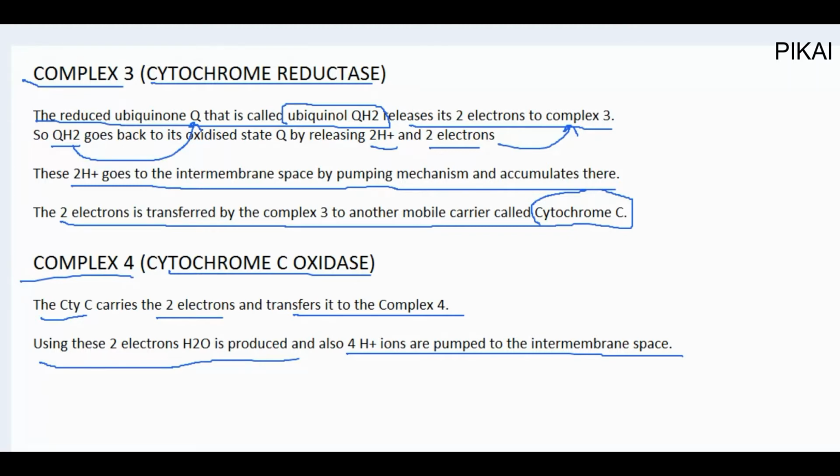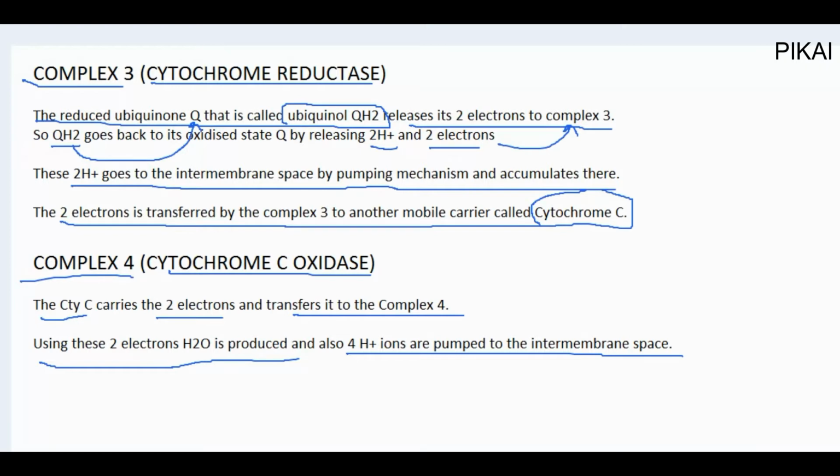So what we have seen is that the ubiquinone is converted to ubiquinol after accepting electrons and hydrogens from complex 1 and complex 2. This ubiquinol is transferred to complex 3, known as cytochrome reductase. In complex 3, the ubiquinol releases its two hydrogens and two electrons.